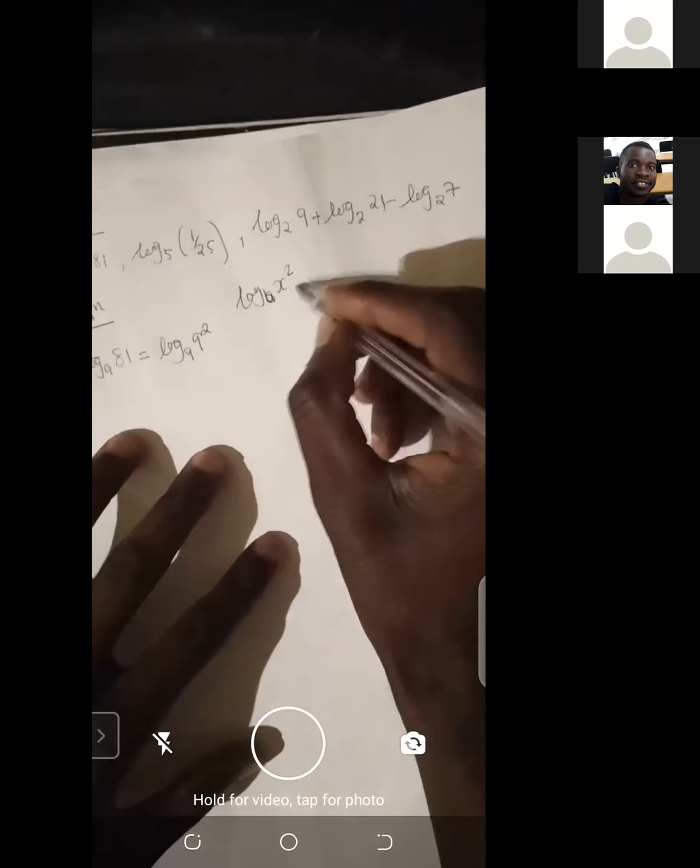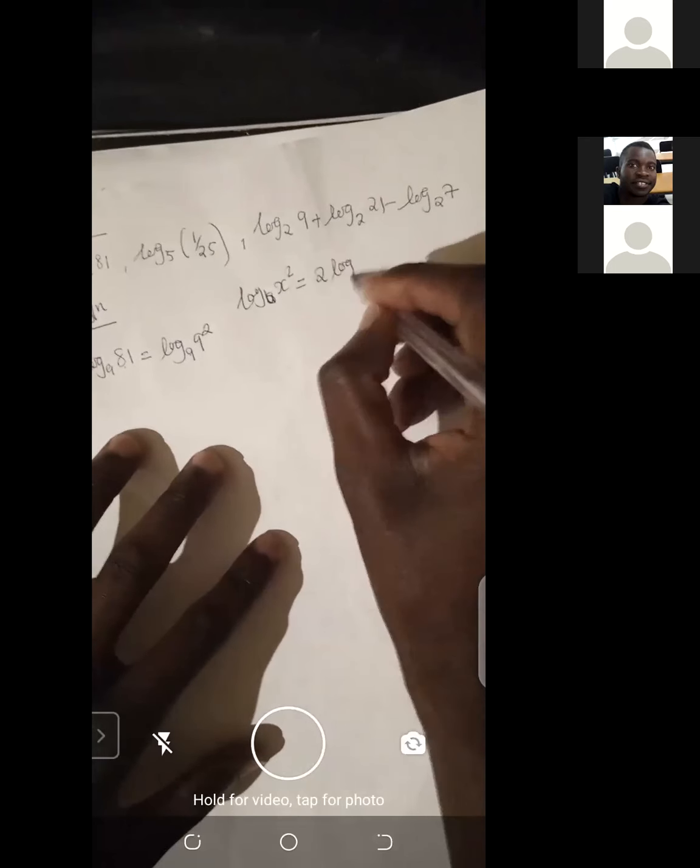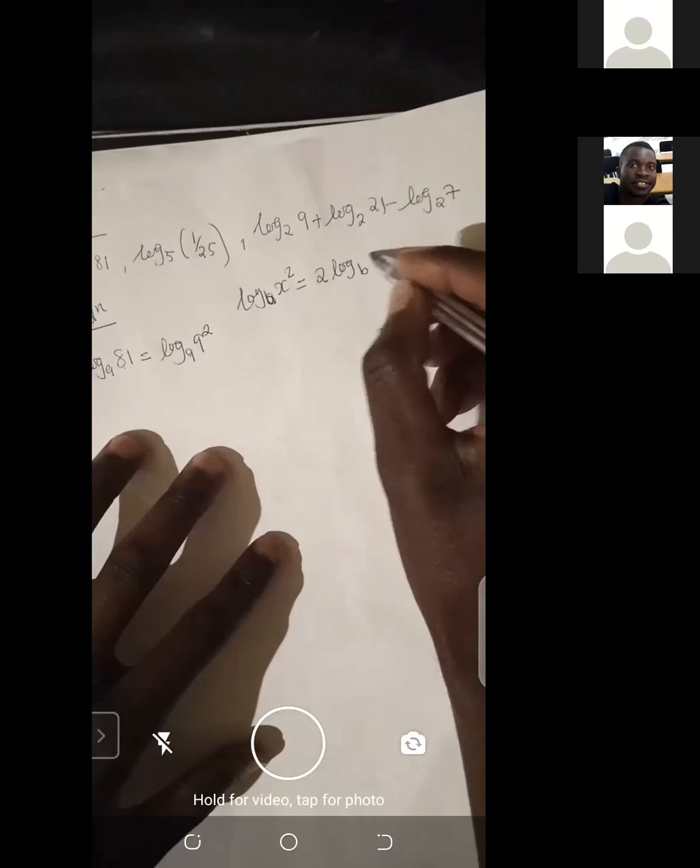Then using the rules of logarithms, when you have log base b of x squared, this can be written as 2 log base b of x. So that is one law of logarithms.